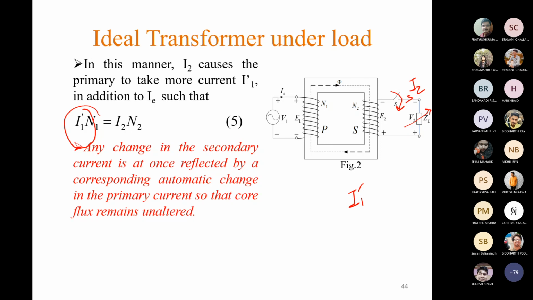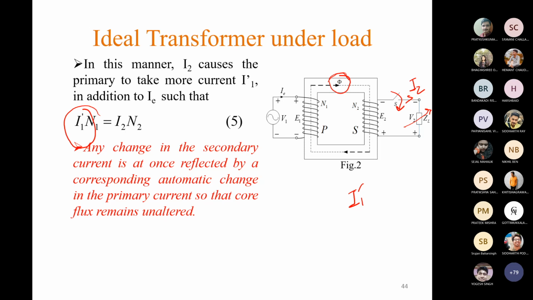So that is why this statement: any change in the secondary current is at once reflected by a corresponding automatic change in the primary current, so that core flux remains unaltered. That means you cannot change the value of phi. This value remains fixed. Whatever happens in the secondary, there will be a reflection in the primary side.